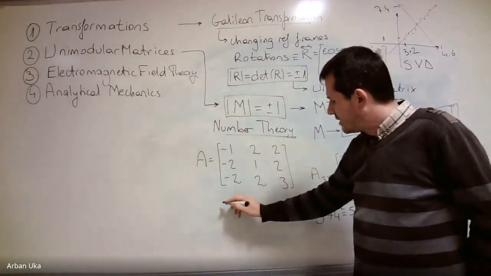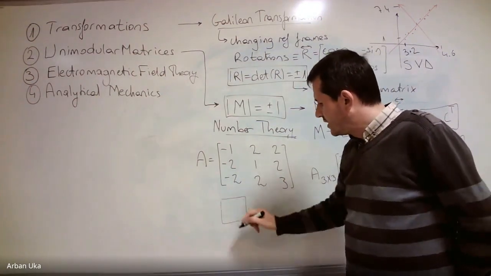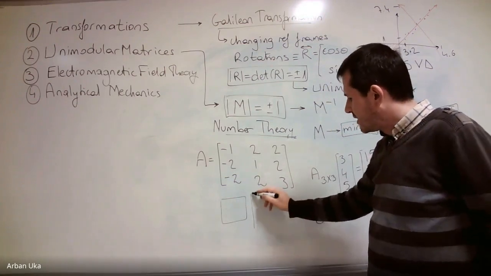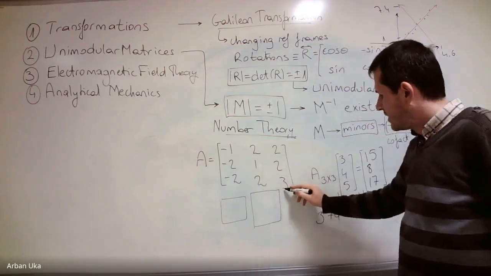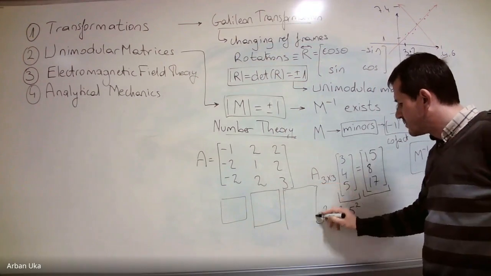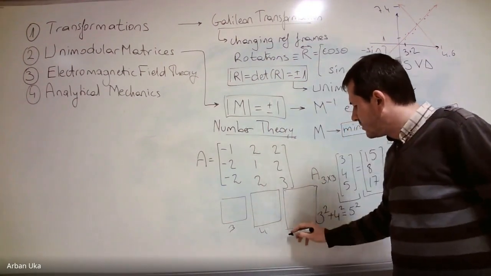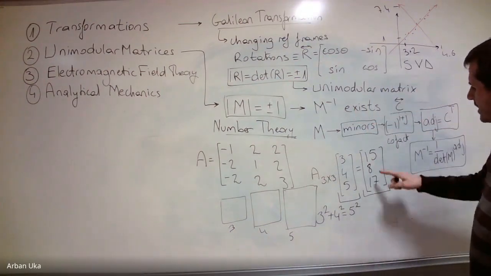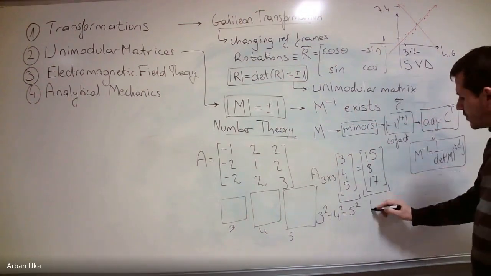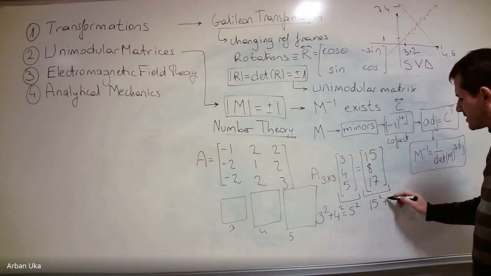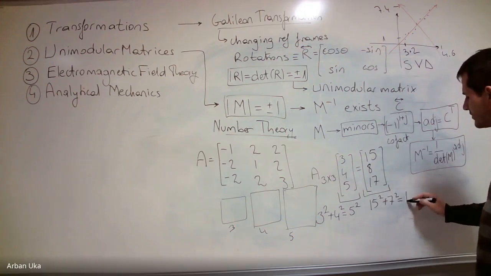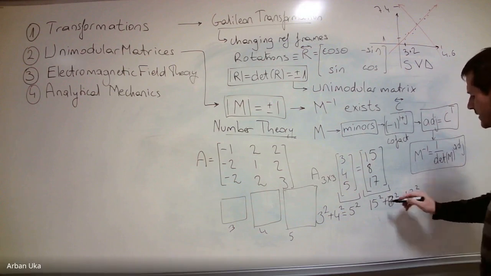So we have a square, which is 3 by 3. We get the surface area here, plus 4 squared, which is equal to 5 squared. So this is 3, 4, 5, good enough. But if we check this also, we observe that 15 squared plus 8 squared is equal to 17 squared.